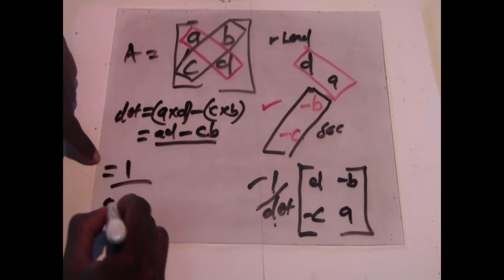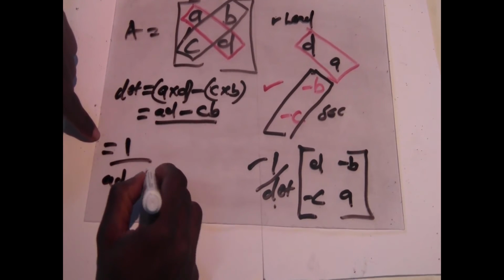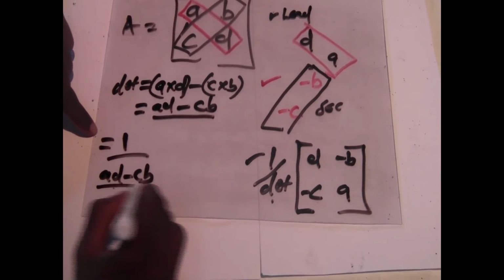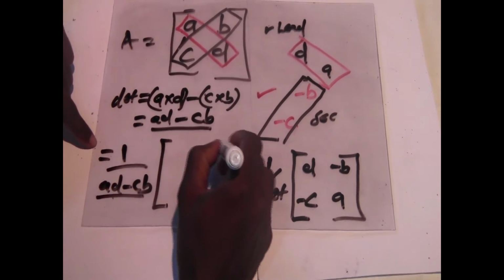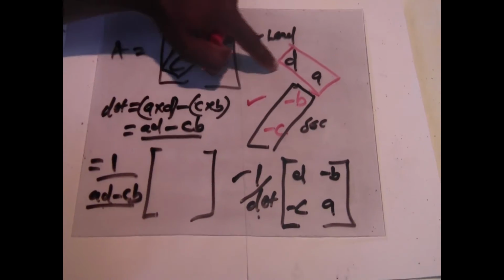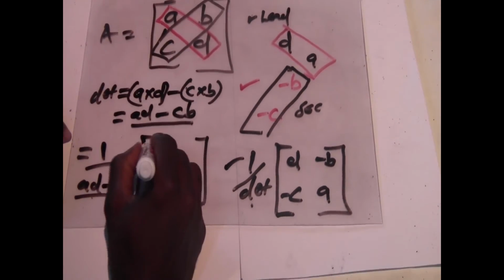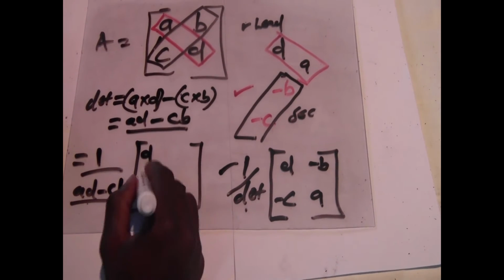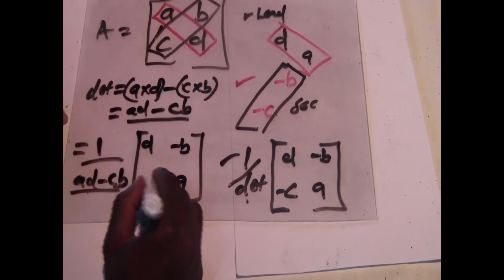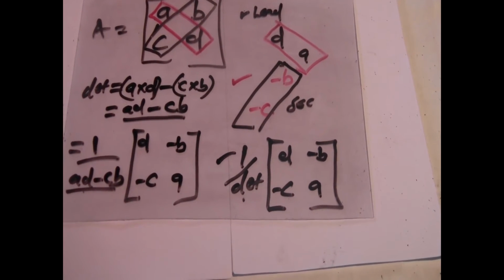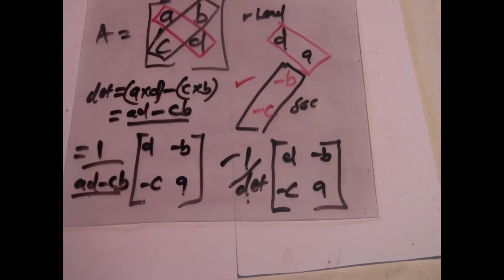So our answer will be 1 over AD minus CB, which is our determinant, multiplied by what we've changed. The leading diagonal we've changed, it will be DA, and the secondary diagonal we've changed the sign, so it will be negative B, negative C. That's how you go about an inverse of a matrix.